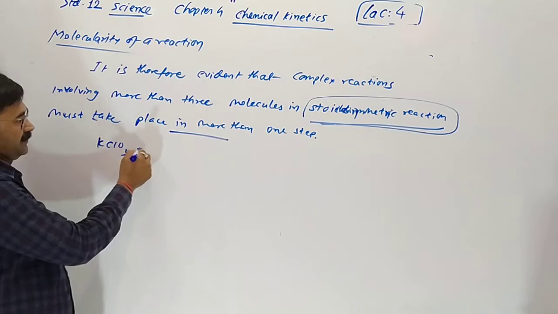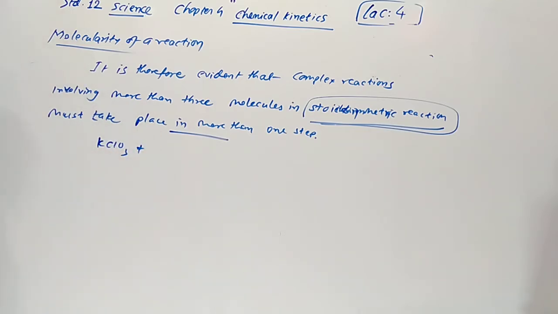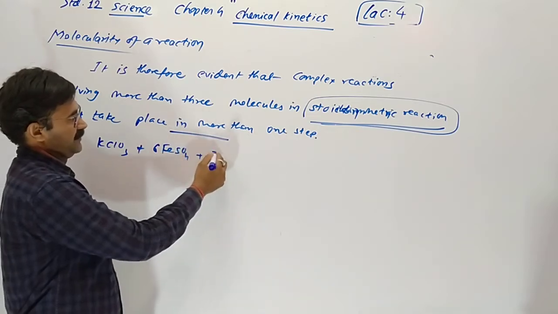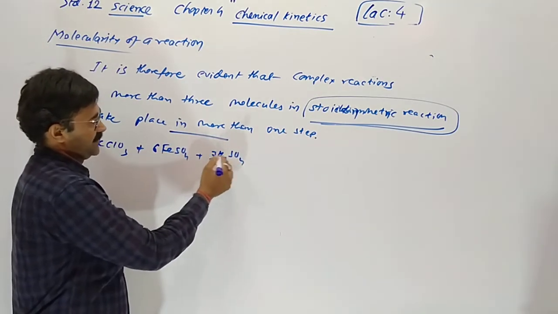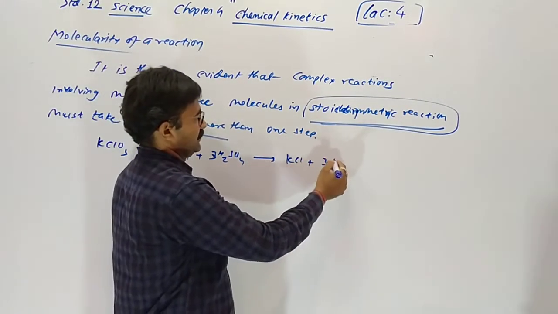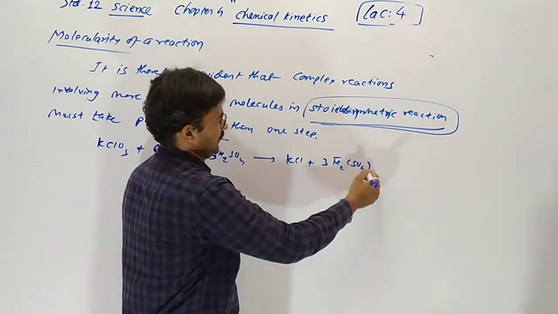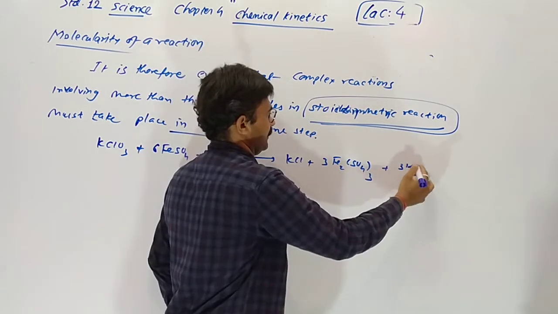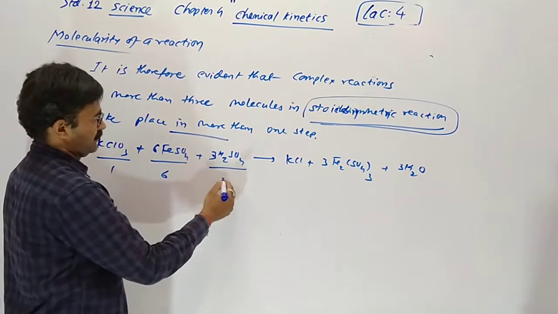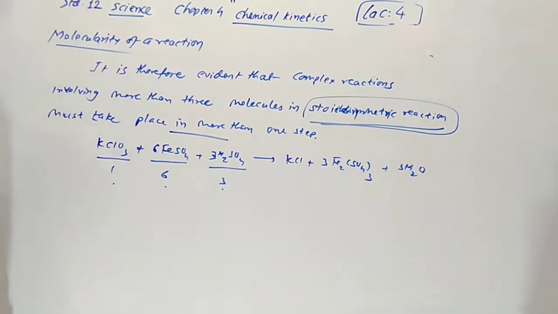I am giving you an example from your book. Potassium chlorate plus 6 mol of ferrous sulfate, 3 mol of sulfuric acid gives potassium chloride, 3 mol of ferric sulfate and 3 mol of water. You can see here the number of molecules is 10.